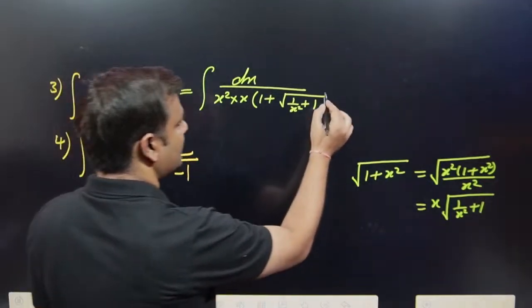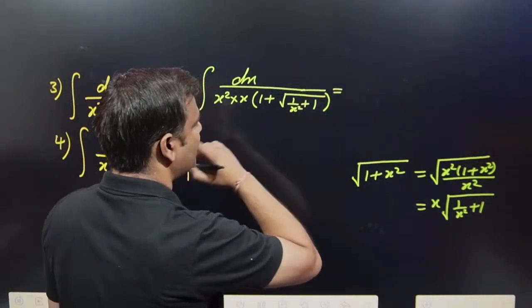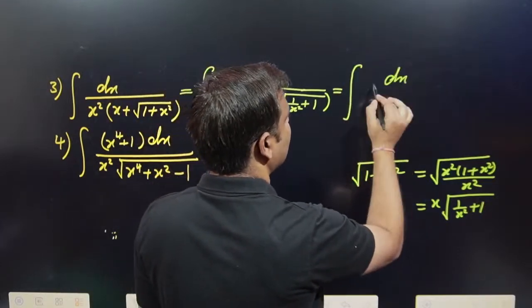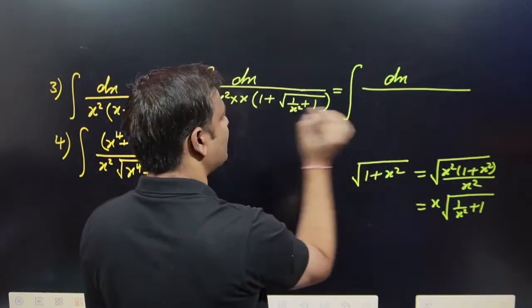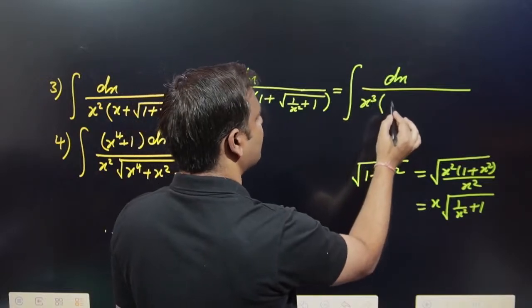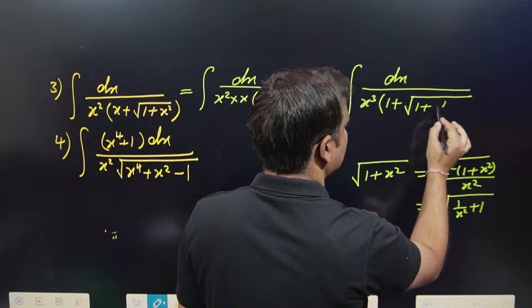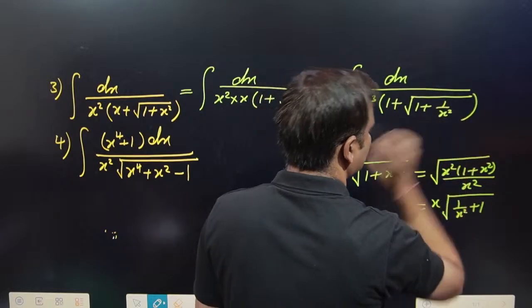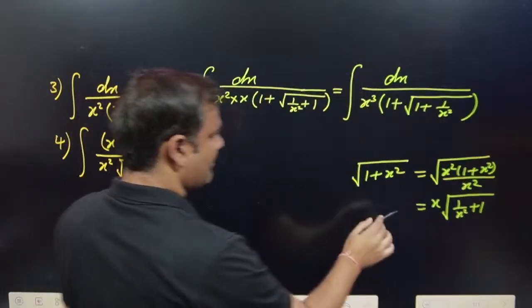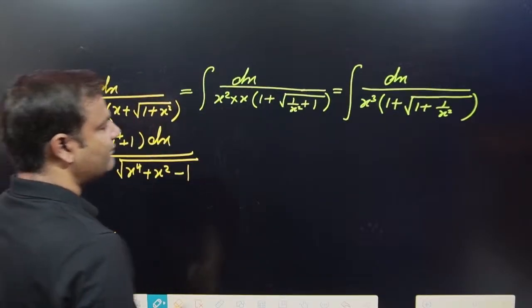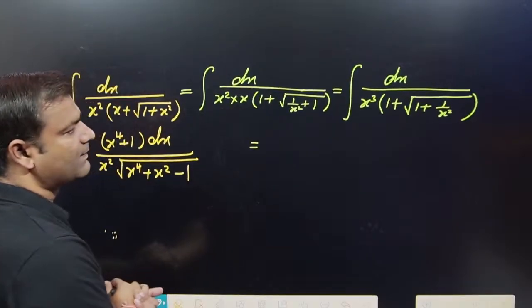Okay, now what is the advantage? Simply look here, dx divided by, what about that value? x cube, and this one is under root 1 plus 1 by x square. After that look very carefully.